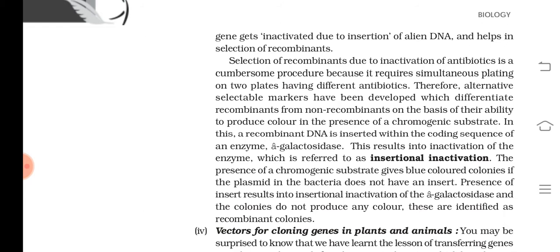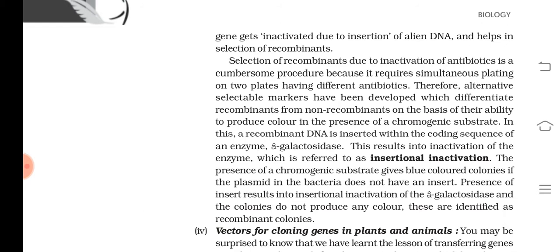Due to that insertion of our gene of interest, that antibiotic resistance will be lost, and that kind of recombinant DNAs, or the organism with that particular recombinant DNA, can be isolated by plating them in medium containing that particular antibiotic.